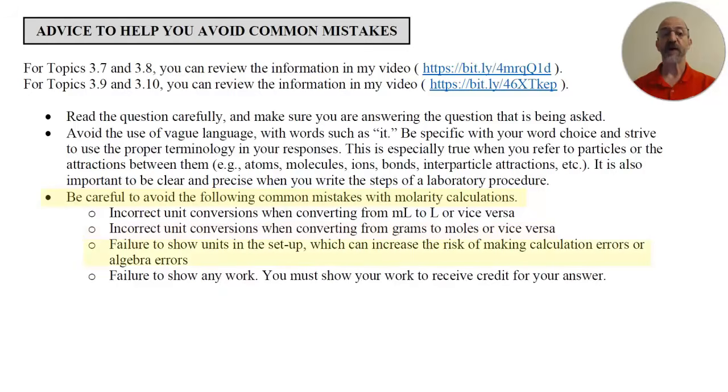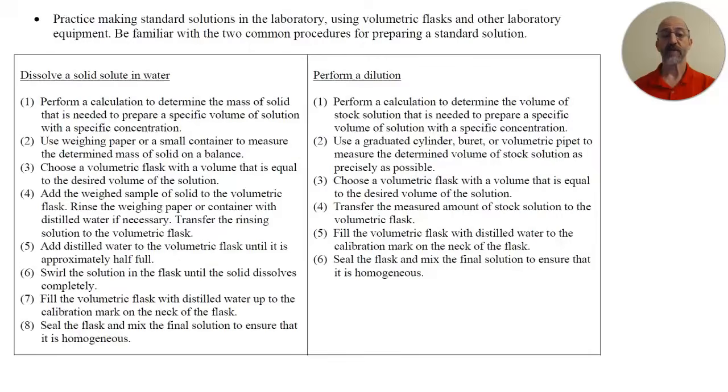Students have a failure to show units in the setup for their calculation, which can increase the risk of making calculation errors or algebra errors. And then students, they might have the correct answer to the question. Now, failure to show any work can cost you points on the AP Chemistry exam. You must show your work to receive credit for your answer.